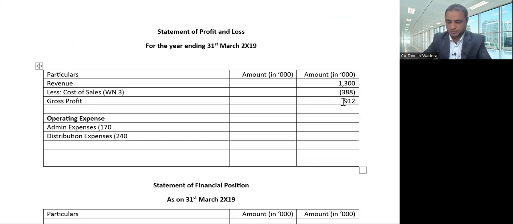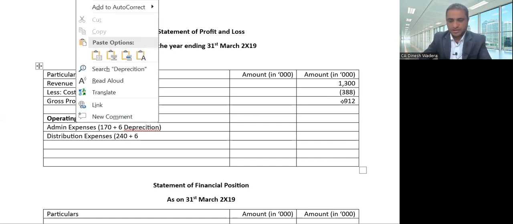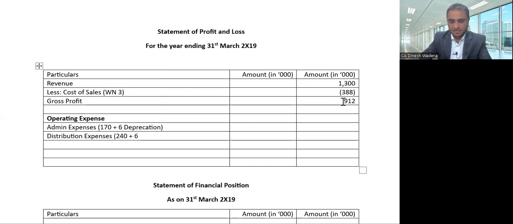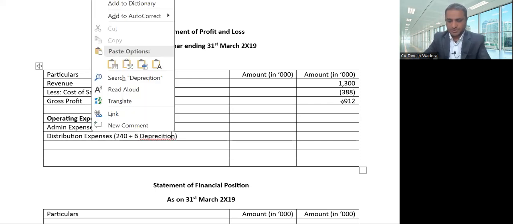It was 20% of 13 means 6 plus 6 plus 6. You can mention here depreciation. It's always good to put notes, references whenever you are solving the question.